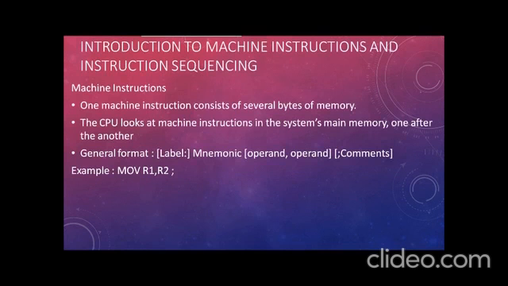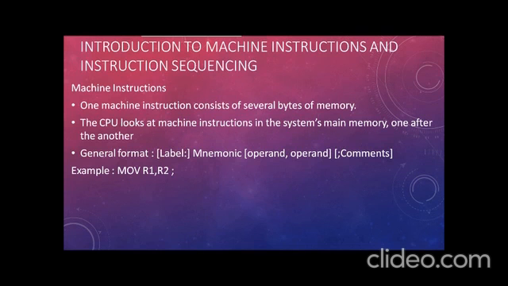Now let's move on to machine instruction. As a computer only understands code in binary form, these machine instructions are directly executed without any conversion. A machine instruction consists of several bytes of memory that tell the processor to perform one machine operation.